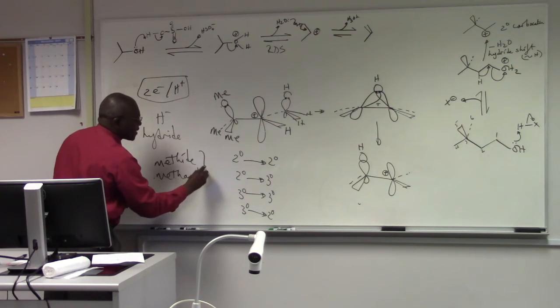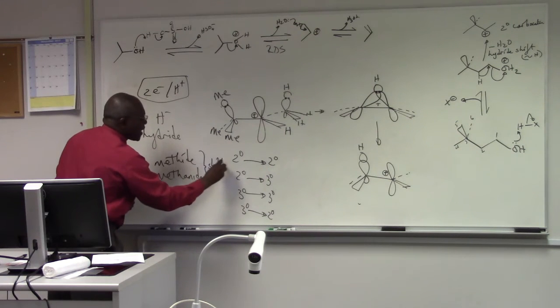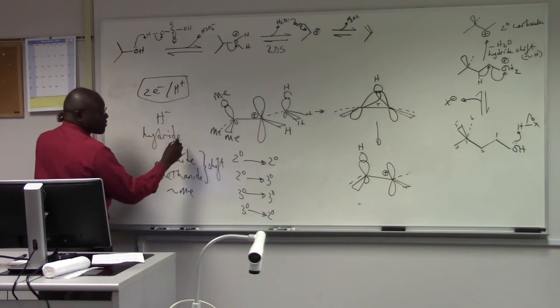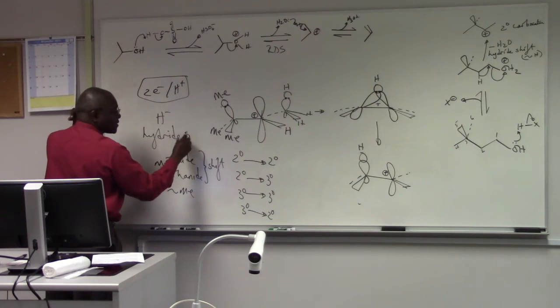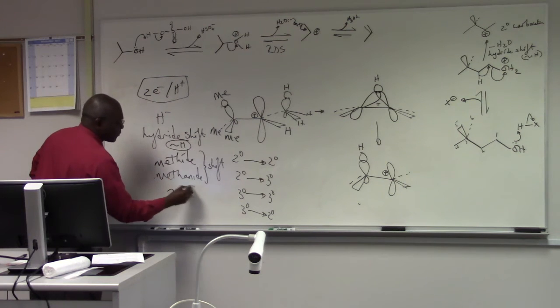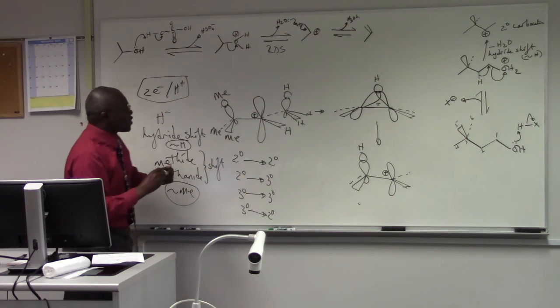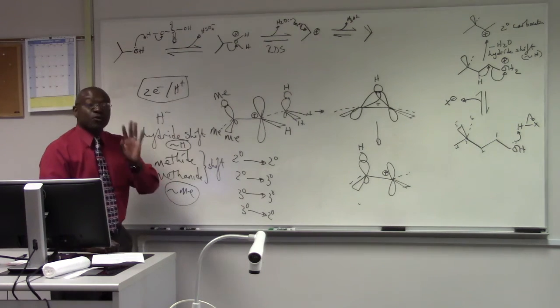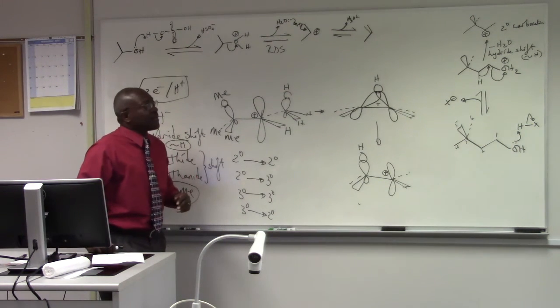They're called methide or methanide shifts. And they are represented by a curly line methyl, the same way the hydride shift is represented as a curly line H. So that's the symbol we use to indicate that there is a shift, whether it's an alkenide shift or a hydride shift. And those are the only two groups, at least at this level, that undergo shifts.